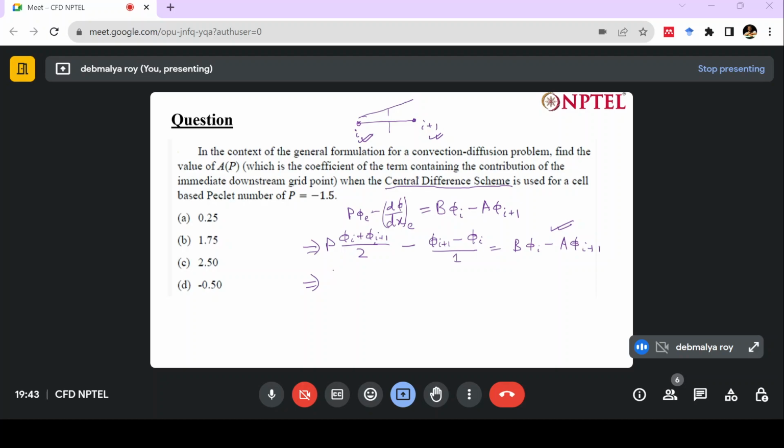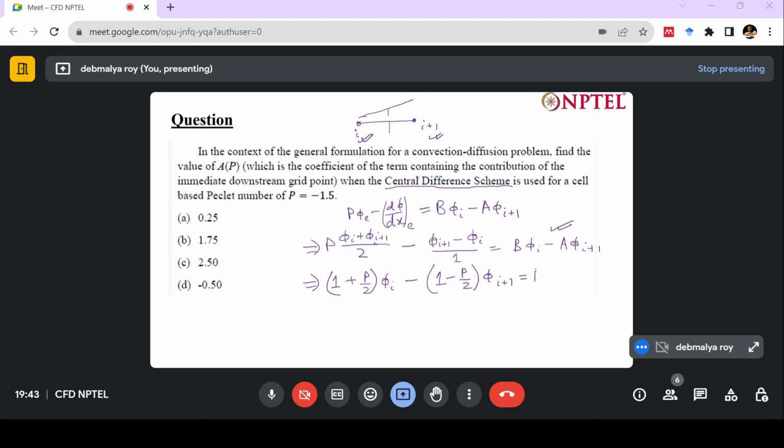If we separate phi I terms, we will have 1 plus this, which gives us phi I. If I separate phi I plus 1 with a negative sign, because we have a negative sign in front of a here, then we will have 1 minus this, times phi I plus 1.